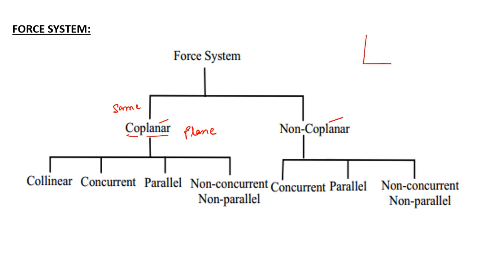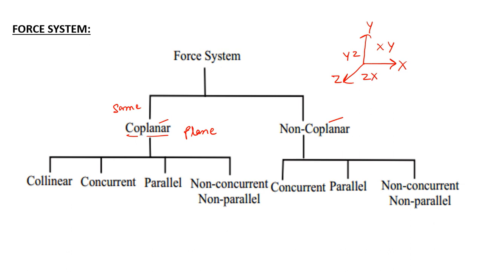If we see the x, y, z axis diagram, we know that there are three planes, namely xy, yz and zx.